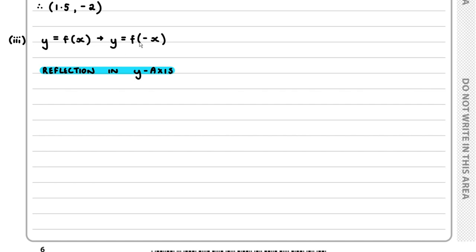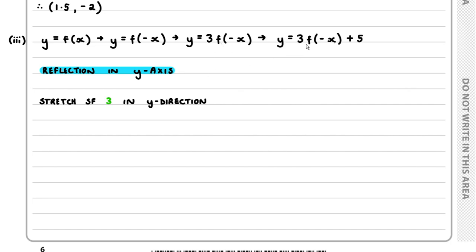Now, going from y equals f of negative x to y equals 3 times f of negative x, we have a stretch by scale factor 3 in the y direction. And now going from y equals 3 multiplied by f of negative x to y equals 3 multiplied by f of negative x plus 5, we have a translation by vector (0, 5).